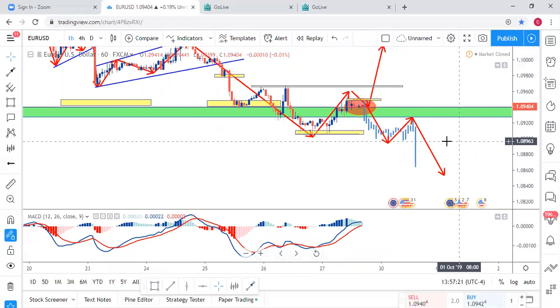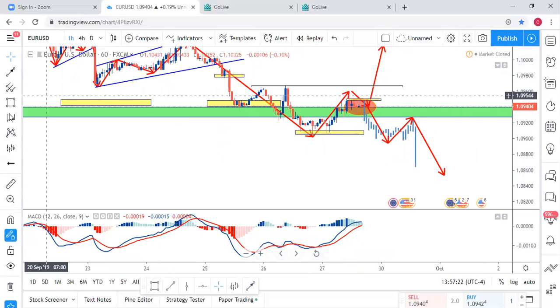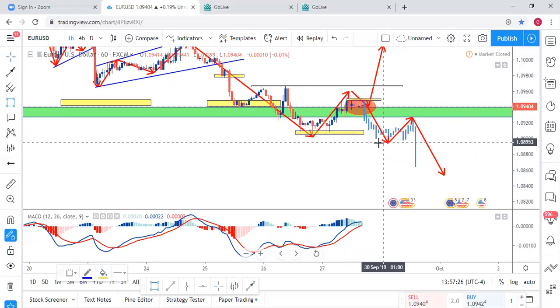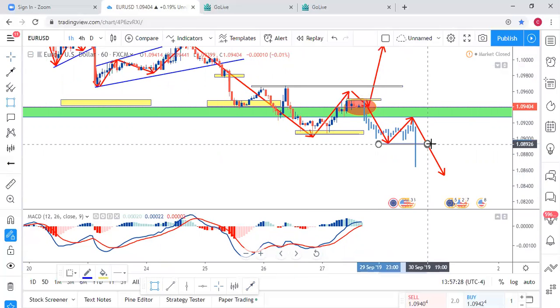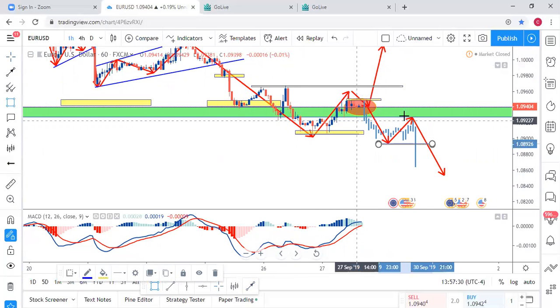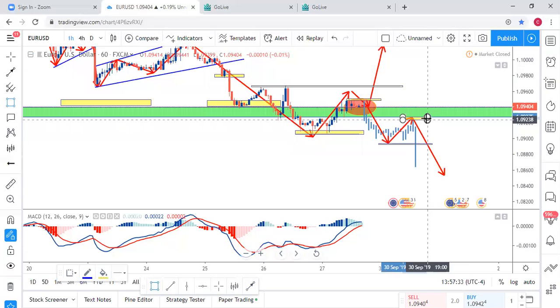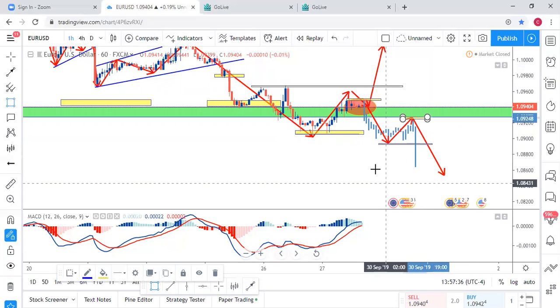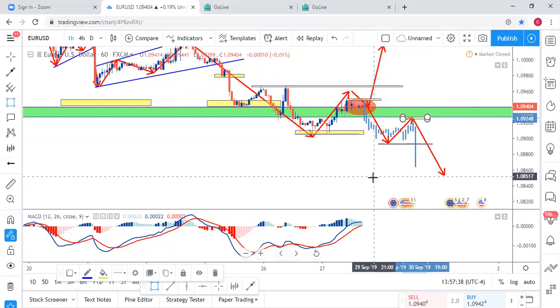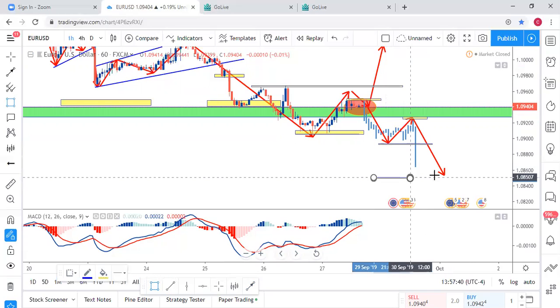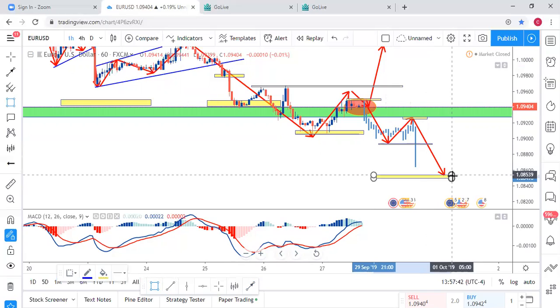So once again, now your entries are clear. Your entry could be here, stop loss here, and take profit anywhere below your entry.